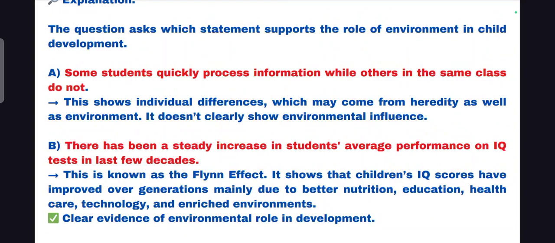The statement is correct, but it is not related to environment. Why? This shows individual differences, which may come from heredity, not due to environment. It does not clearly show environmental influence. So the individual difference happens due to heredity.